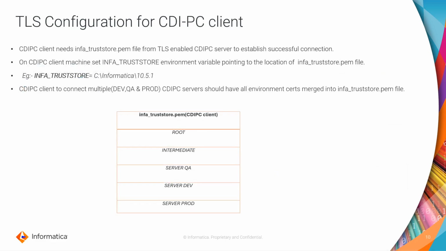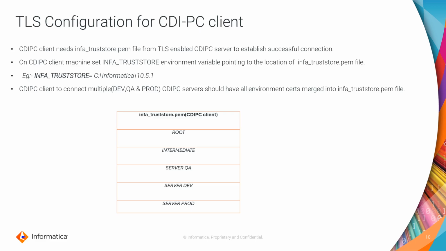Now that we have enabled the CDI-PC domain for TLS, some TLS configuration is also required on the CDI-PC client side, so that the CDI-PC client can successfully communicate with the TLS enabled CDI-PC server. To do that, we have to copy only the infra_truststore.pem file from the CDI-PC server and place it in some location on the CDI-PC client Windows machine.